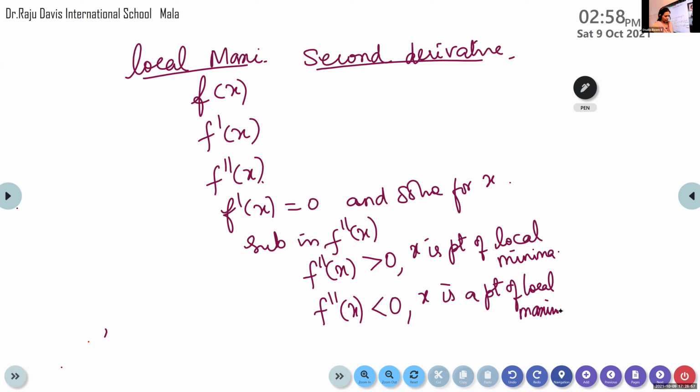What about the first derivative test? In the first derivative test, what do we do? We differentiate only once. We will not be differentiating it twice.